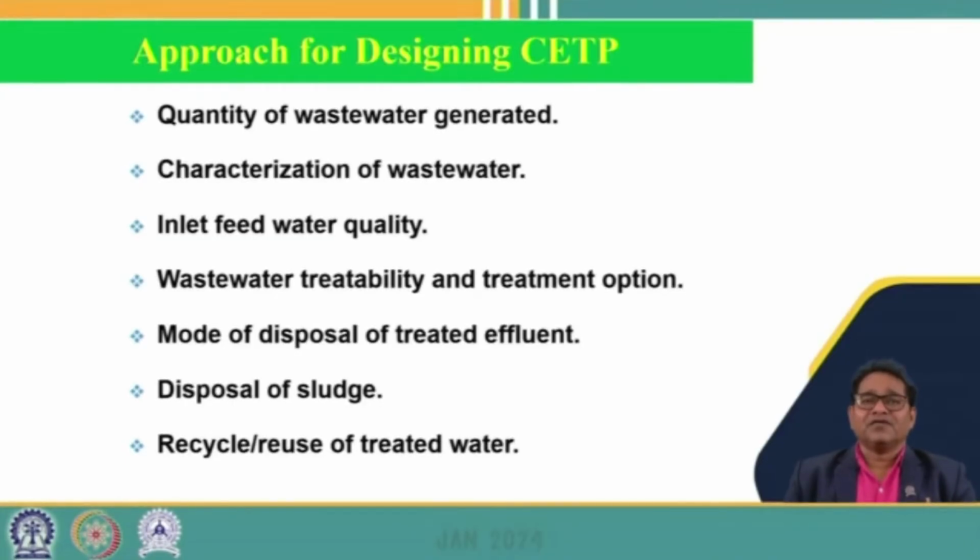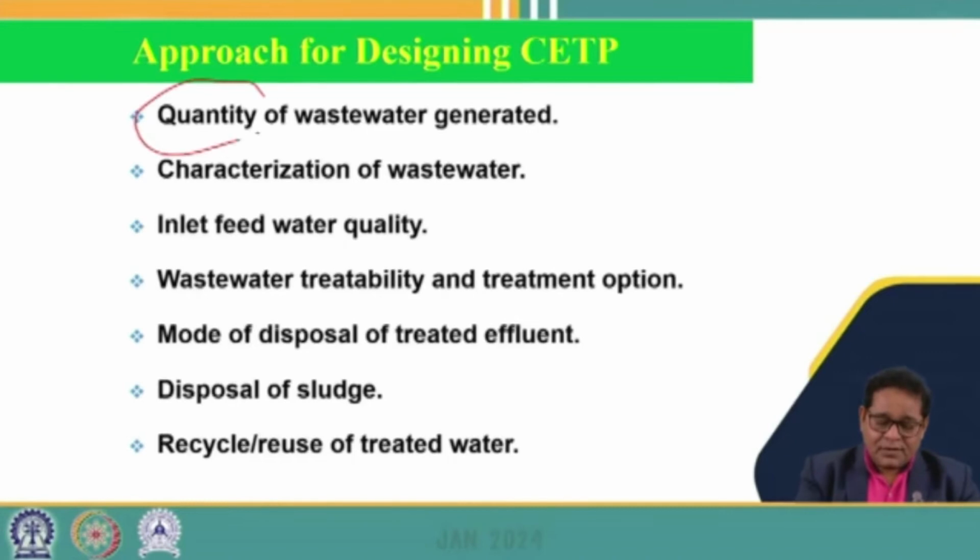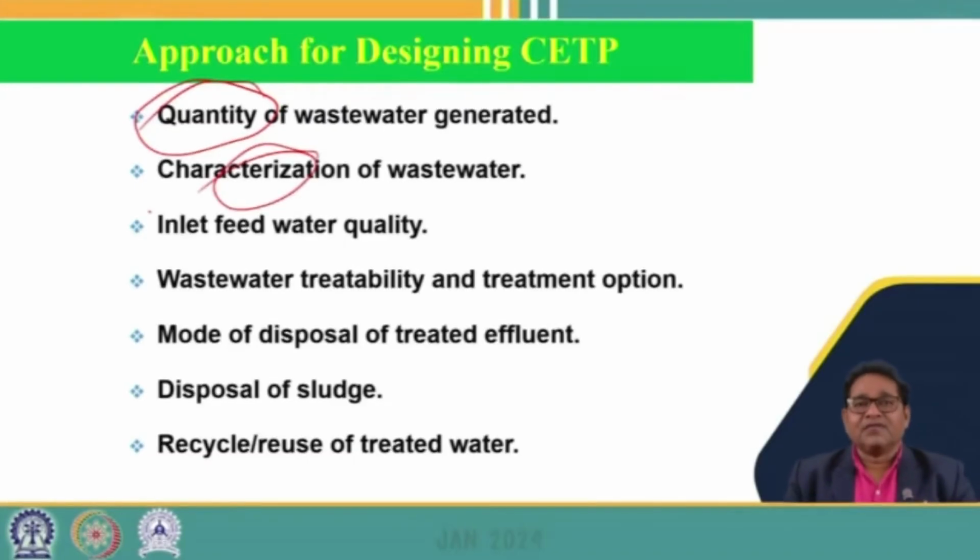First of all, we go for quantification of the wastewater generated from individual industries, and then characterization, which is very, very important, because this gives us an idea of the amount and what type of pollutants are the majority in the wastewater, and what treatment systems are available to be planned for their removal.